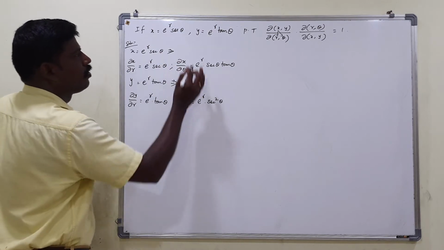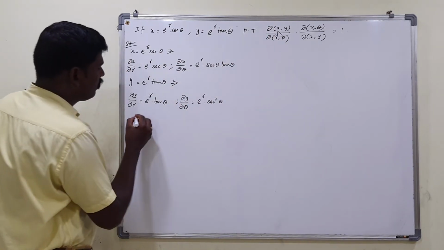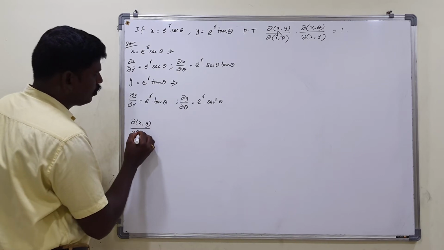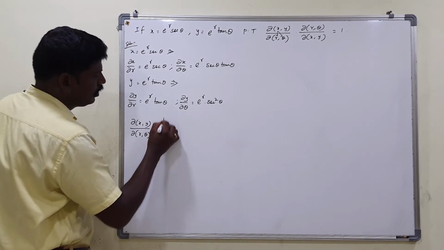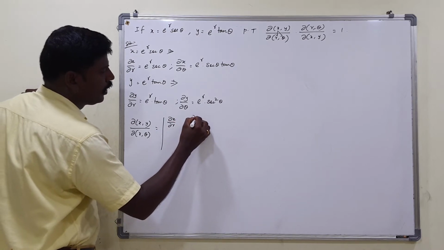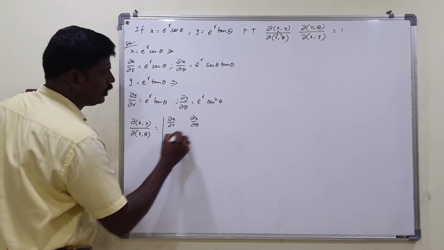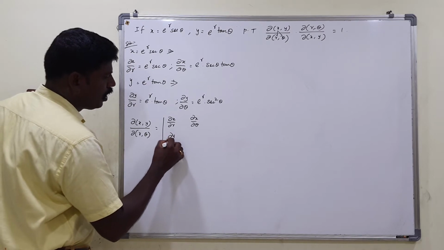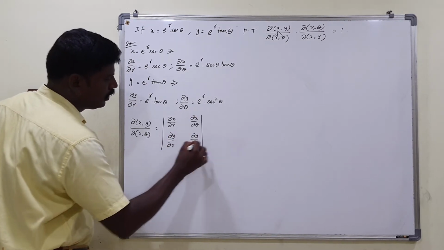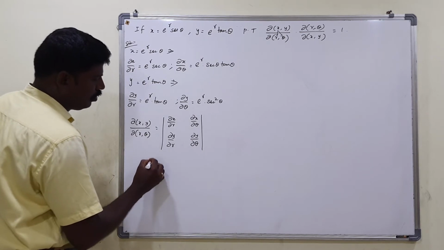So after finding all these four partial derivative values, let us go for finding the value of ∂(x,y) with respect to (r,θ). What is this value? ∂x/∂r, ∂x/∂θ, ∂y/∂r, ∂y/∂θ, isn't it? So what is this value?